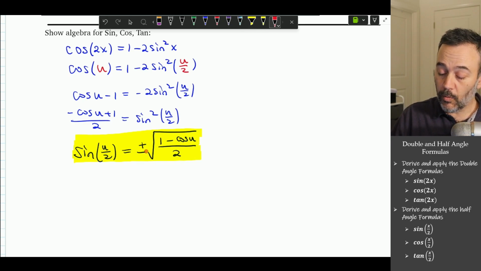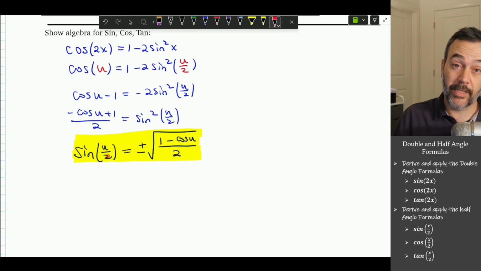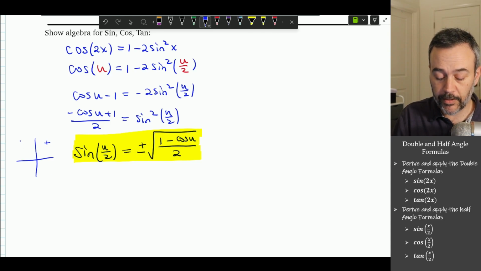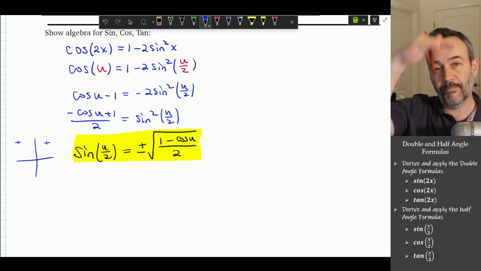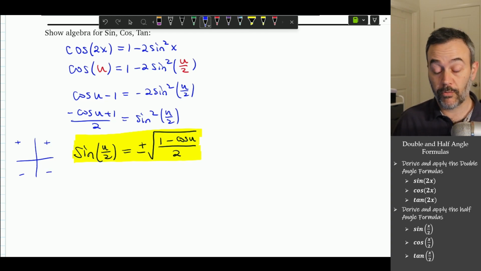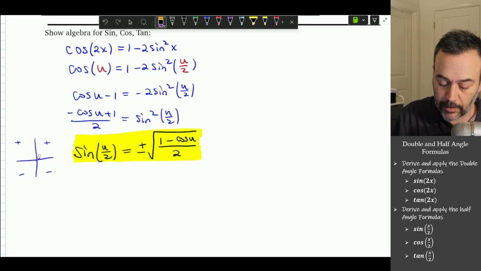Now you may wonder, why plus or minus? We use the plus whenever the angle u over 2 is in a quadrant where sine is positive. Remember, sine is positive in the first and second quadrants because the y-coordinate is up above the x-axis, and sine is negative in the third and fourth quadrants.